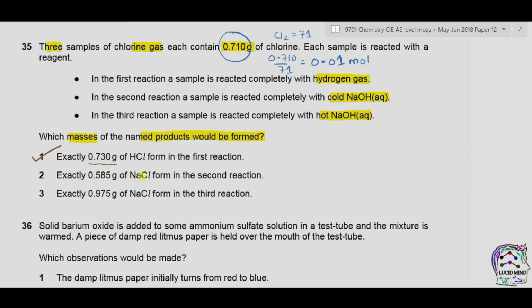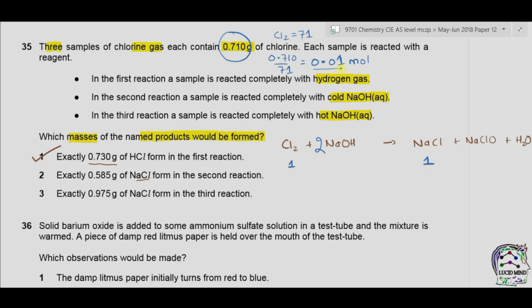Now doing the same for second reaction, the reaction is between chlorine and cold sodium hydroxide. Balanced equation will be like this. As in the option they have given NaCl, so we are concerned only with sodium chloride. In balanced equation we have 2 moles of sodium hydroxide being reacted to form this product. Now we can see that the ratio of chlorine with sodium chloride is 1:1.